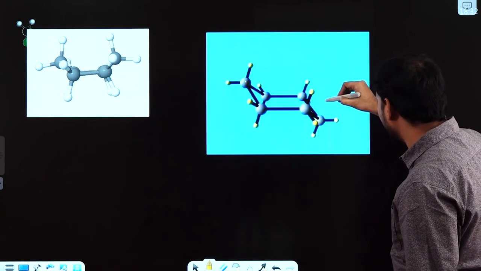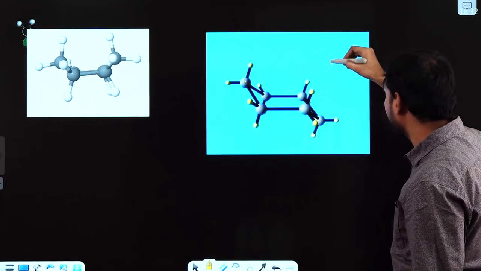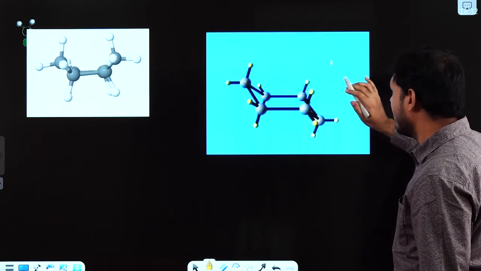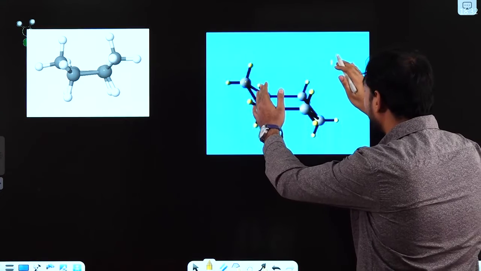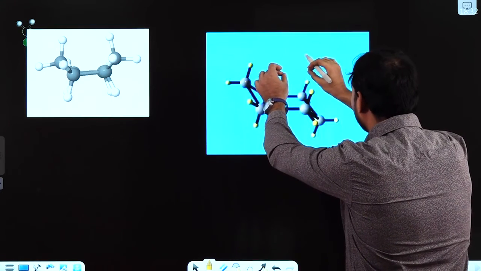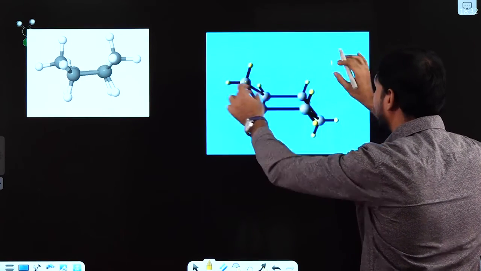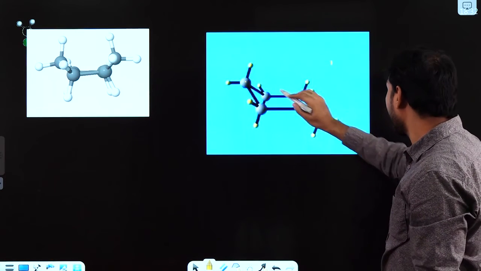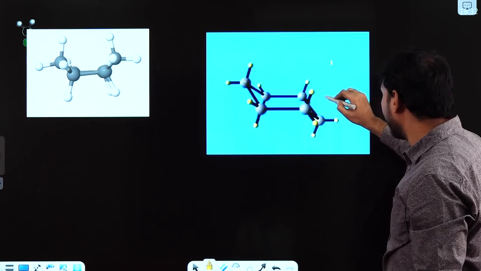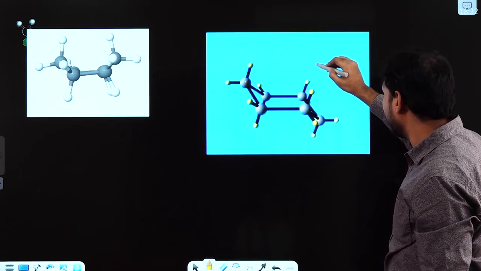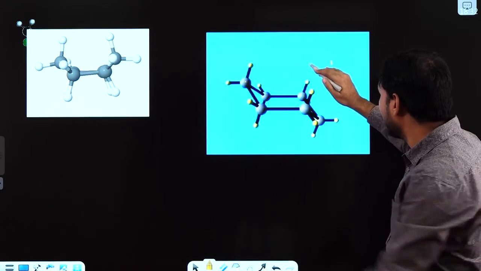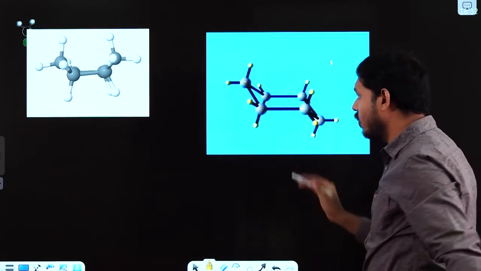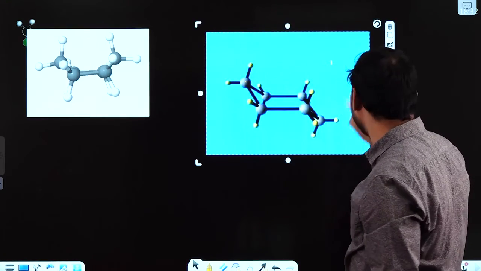Again, if that upward part comes to this side, it will become boat. When the boat form is done, the atoms move away from each other to minimize repulsion. Then you form the twist boat. So I think you have understood: chair, upside, half chair, again up, boat, repulsion, twist boat. So all the 4 cases are done.